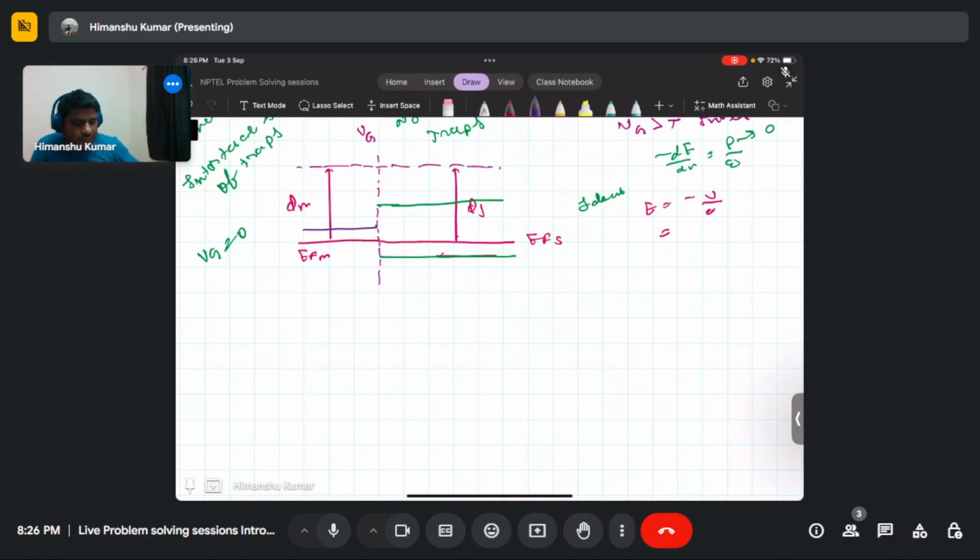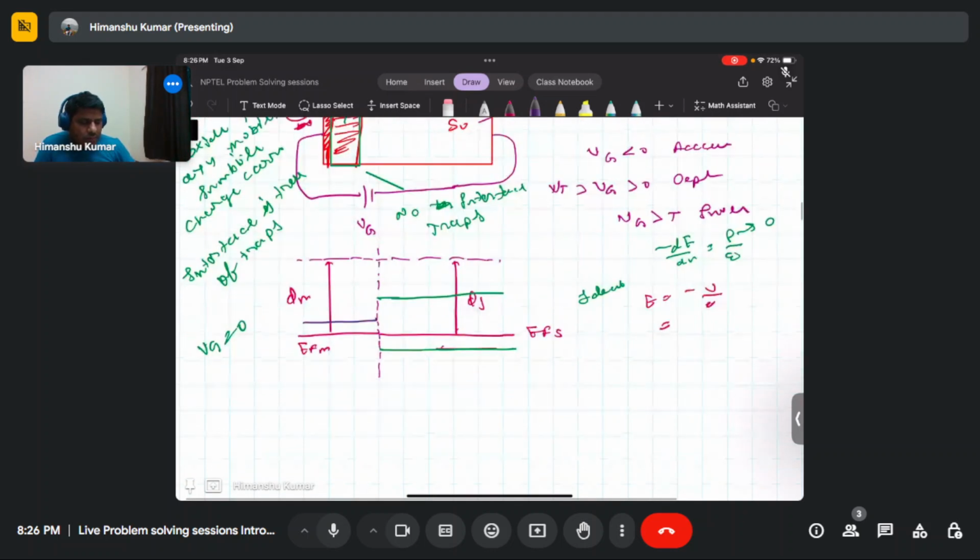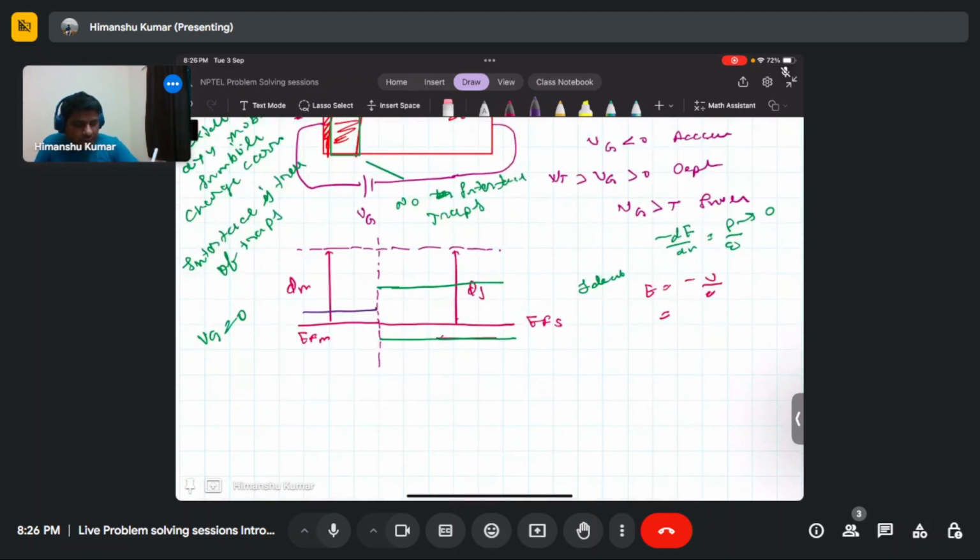Just wait, I drew it a bit oversimplified. Here you need to consider this interface also. Here this is EFM, but here it will be the band of the oxide band gap, and that is basically q.